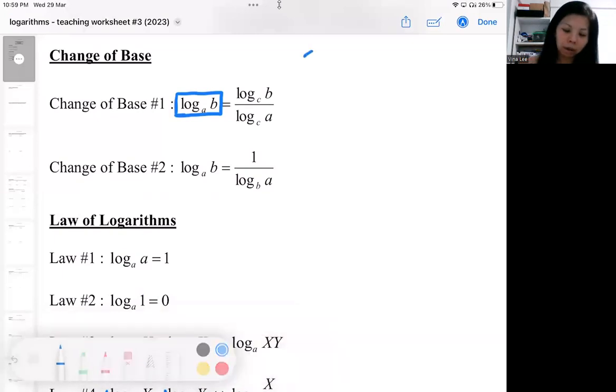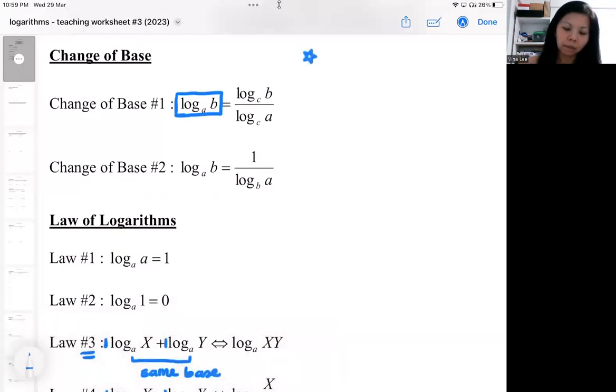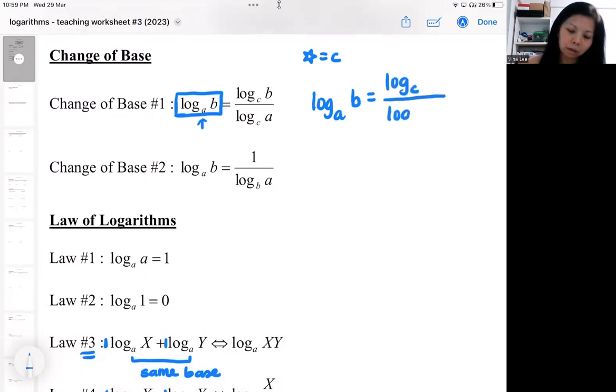I use a star, so let's say the star is C. You want a totally brand new base. You started off with base A, but you didn't want this base. You would like to get a base C.